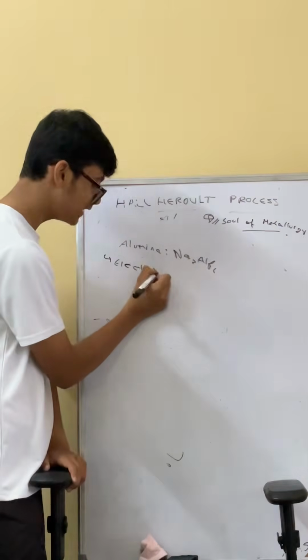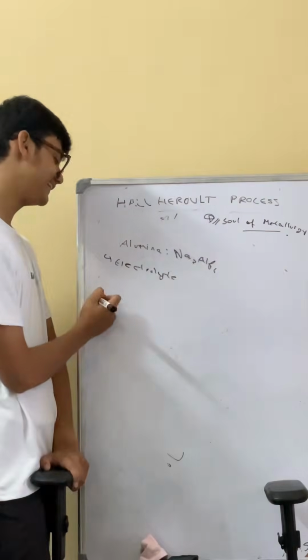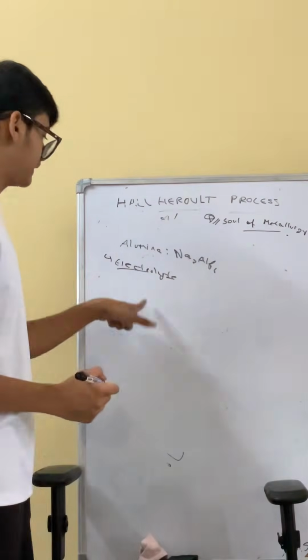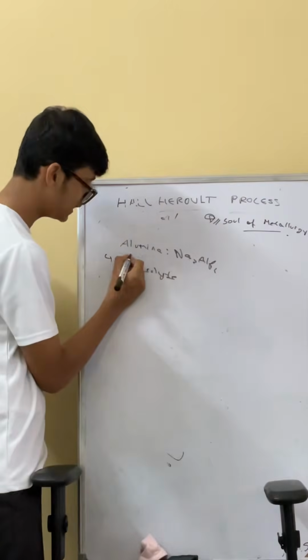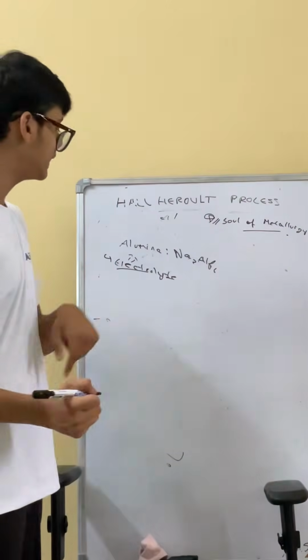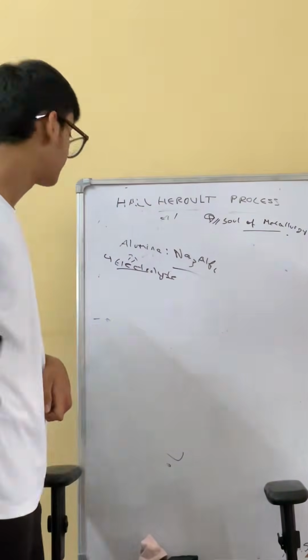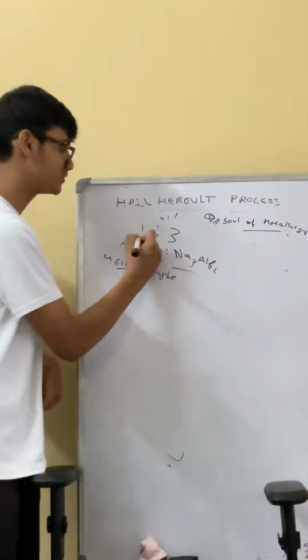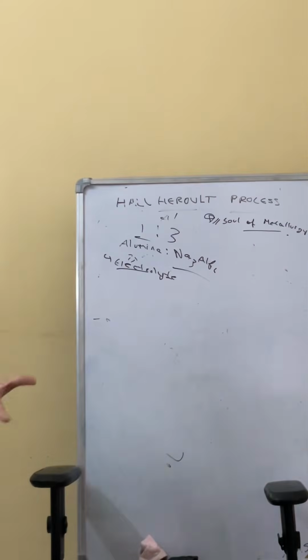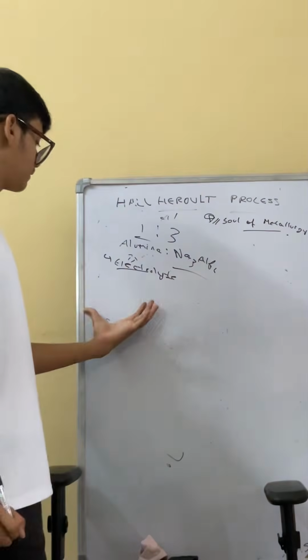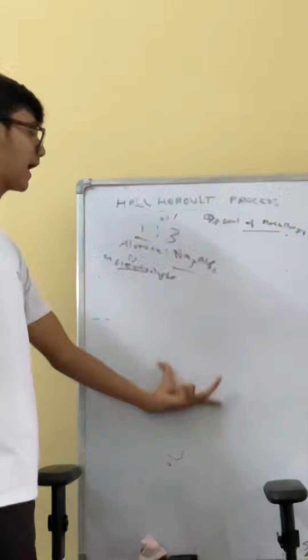If you haven't studied electrolysis, please go and study that first. The electrolyte consisted of these two things: alumina and Na3AlF6, or cryolite. This was done in the ratio of 1:3.